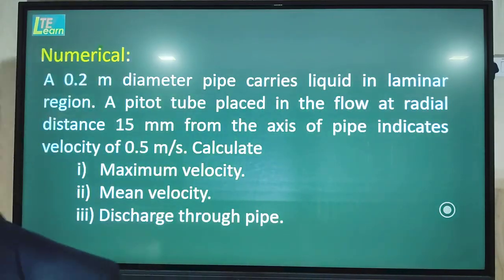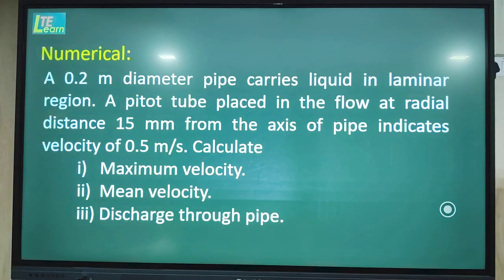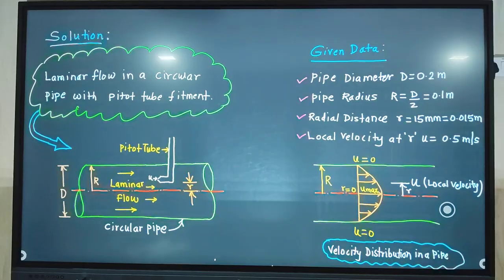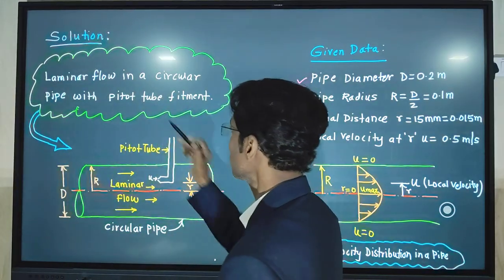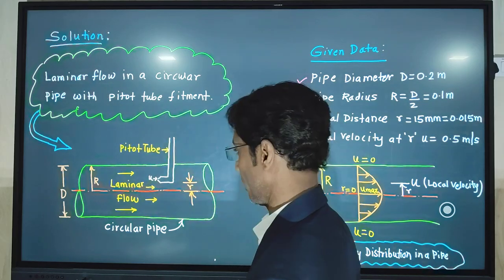Now, before going to the calculation, for the best understanding, let us take the diagram as per the situation given. So in the statement, the situation is given: laminar flow in a circular pipe with pitot tube fitment.